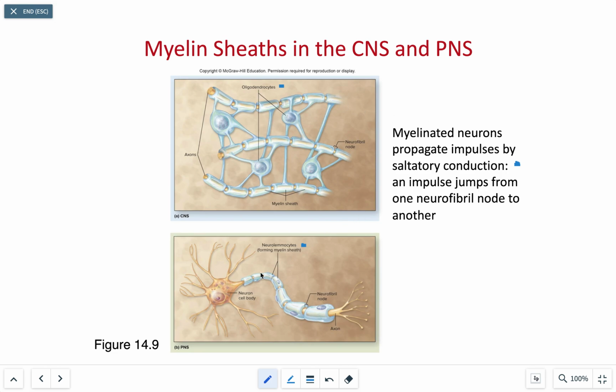This is simply allowing the nerve impulse to jump from one neurofibril node to another neurofibril node. Again, this is important. This node-to-node propagation allows for faster traveling of the nerve impulse or action potential.